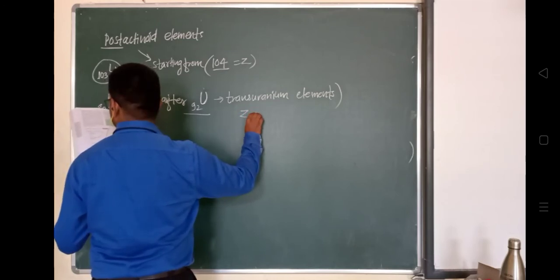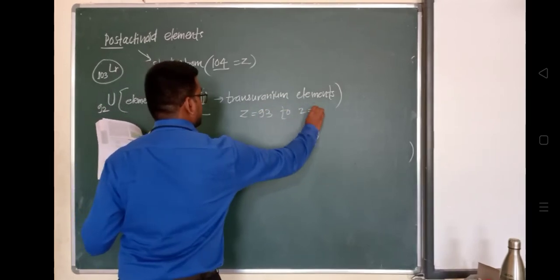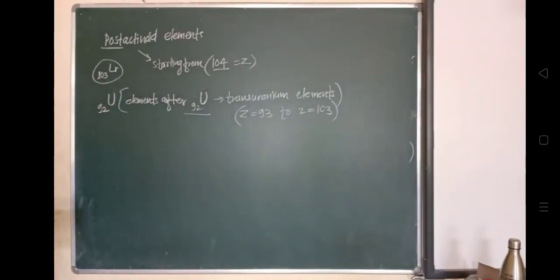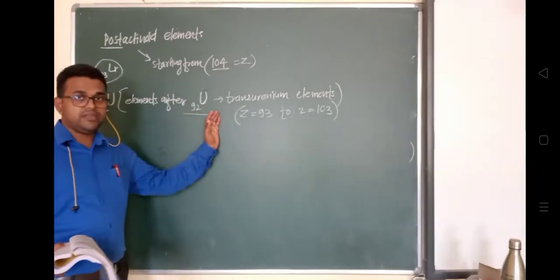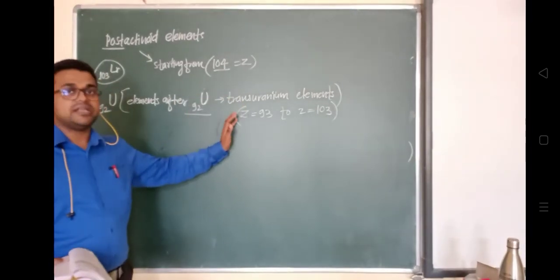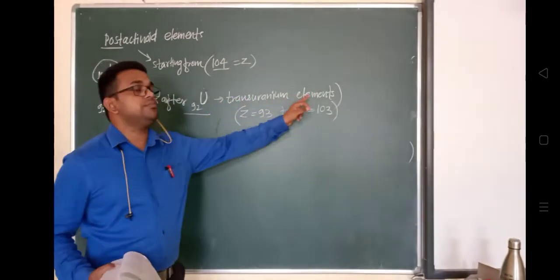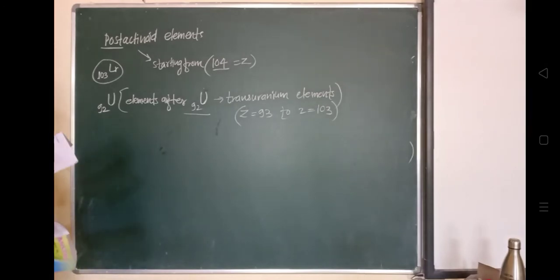So these are the elements called trans-uranium elements, included in the actinoid series, and those from Z = 104 to Z = 118 are called post-actinoid elements.